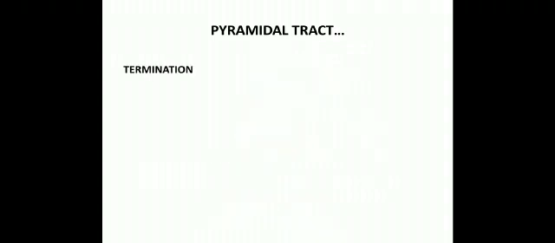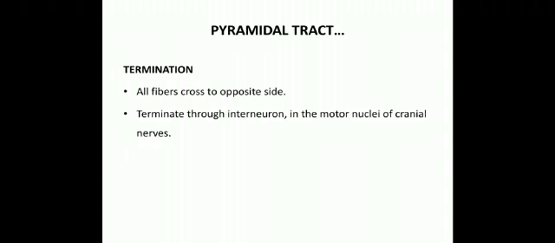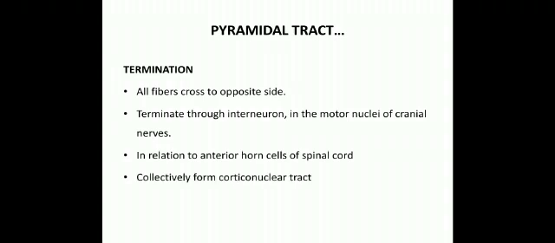Before termination, all the fibers cross to the opposite side and terminate through the interneuron in the motor nuclei of cranial nerves and in relation to anterior horn cells of the spinal cord, and they collectively form the corticonuclear tract.